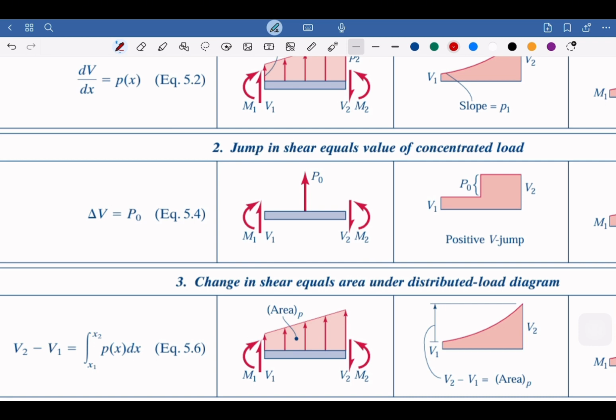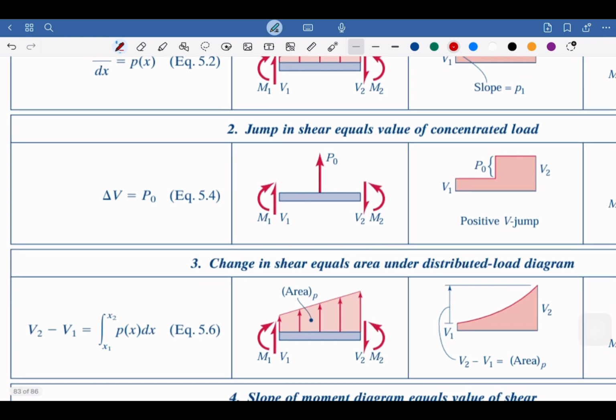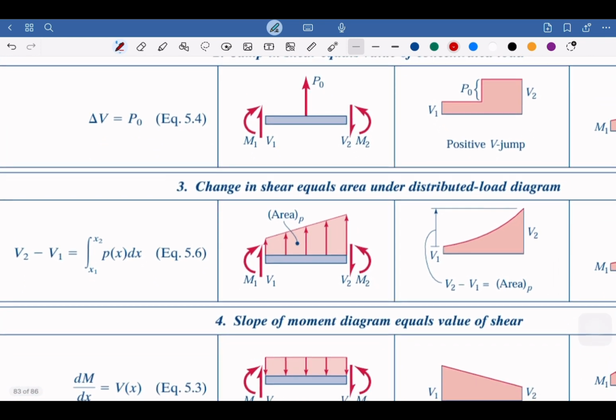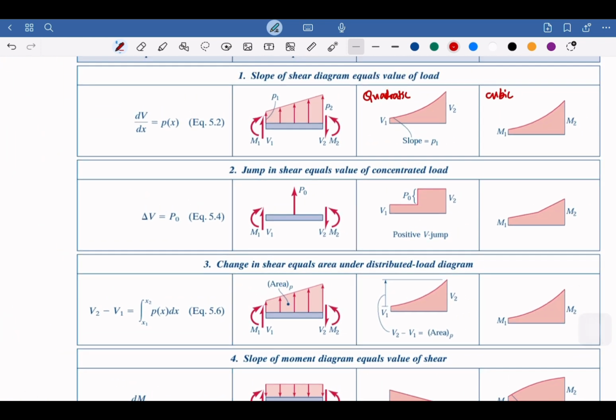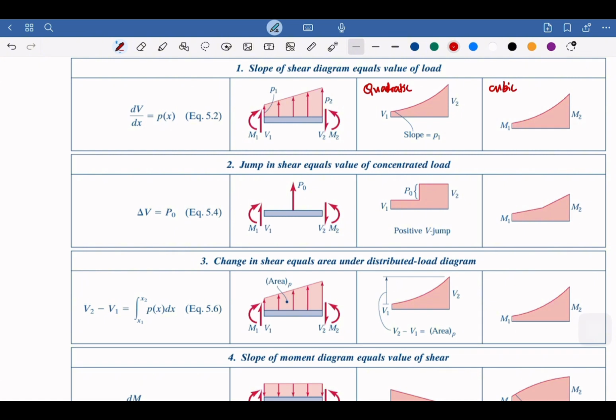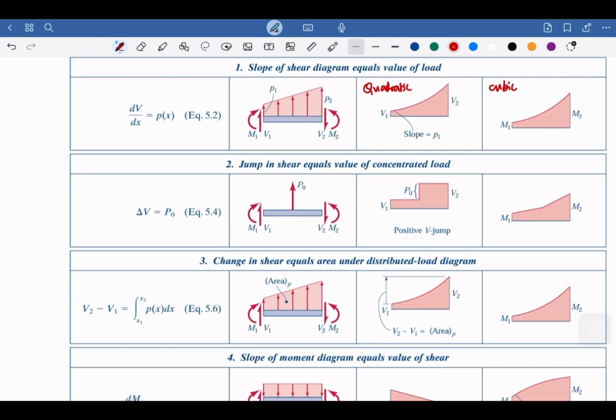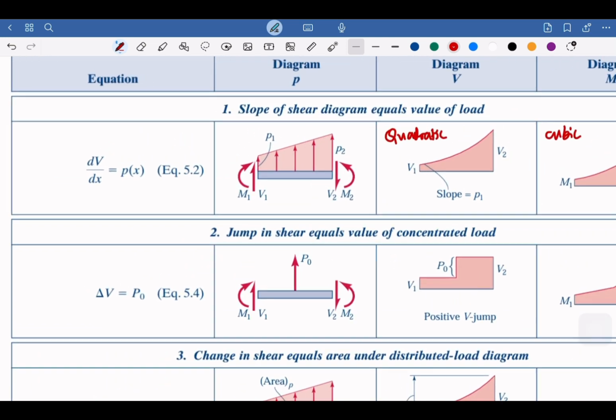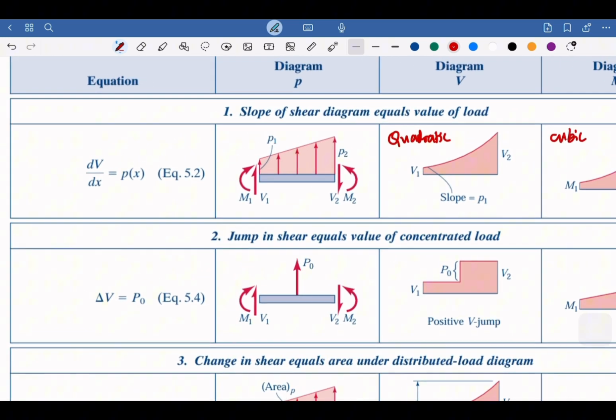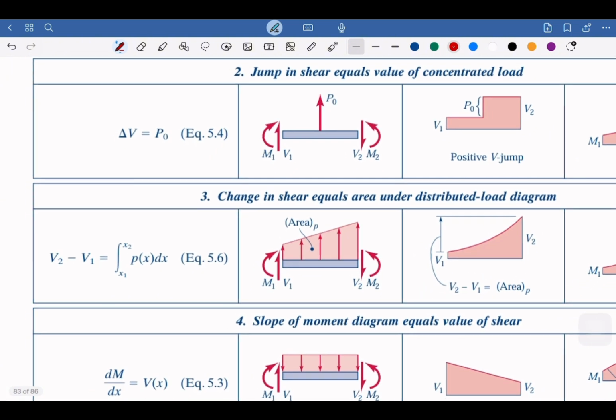Okay, and then you have another one here. The first one is slope, which I forgot to explain. The slope of the shear diagram equals the value of the load. So the load equals the derivative of V, the shear force.